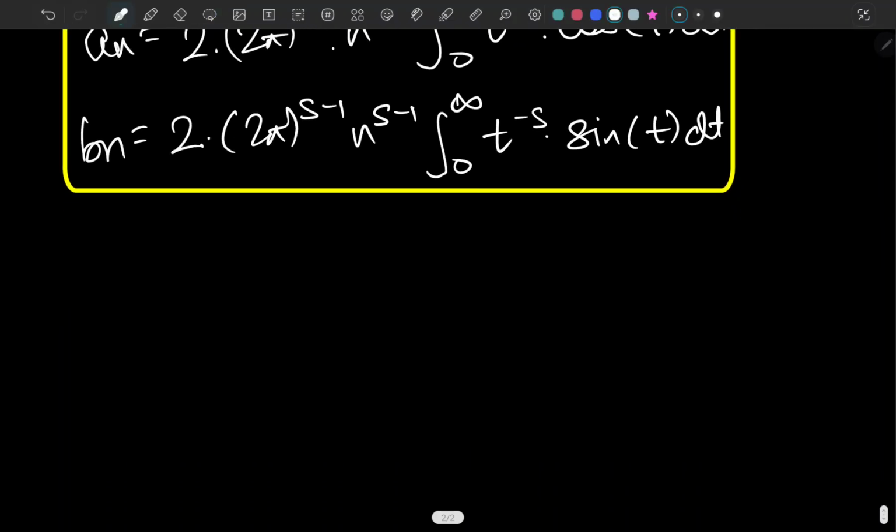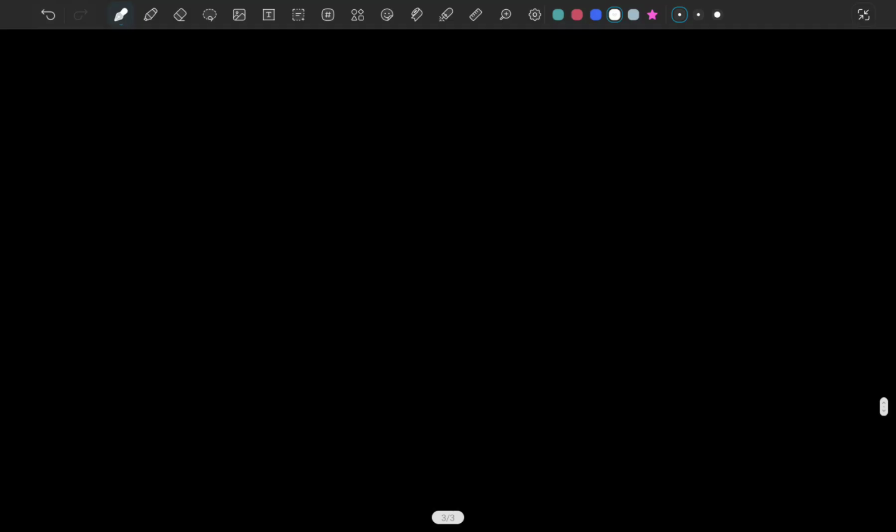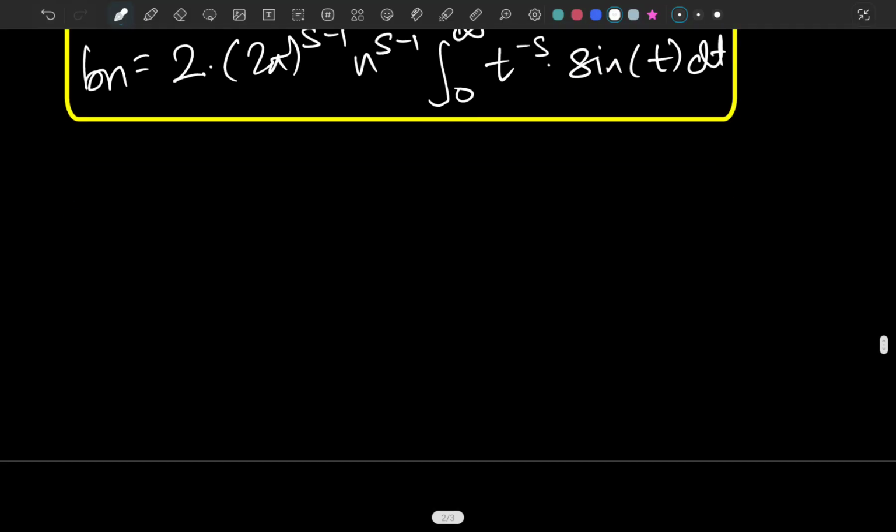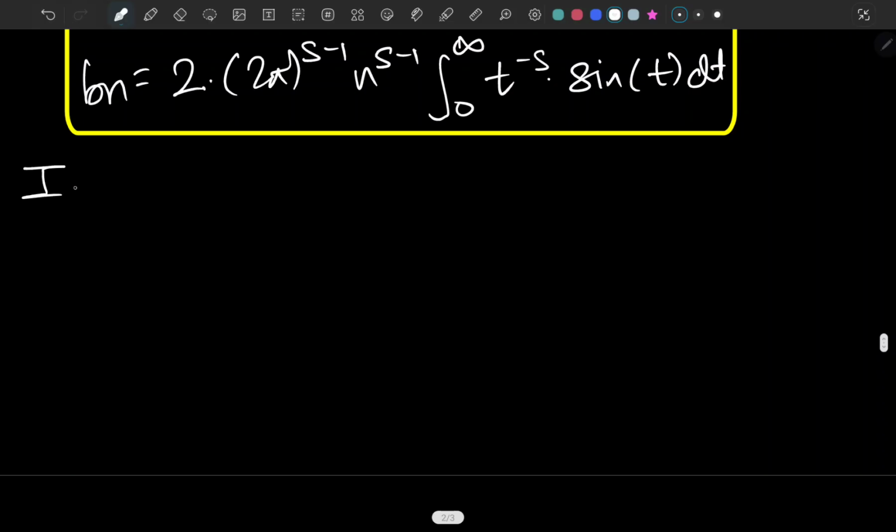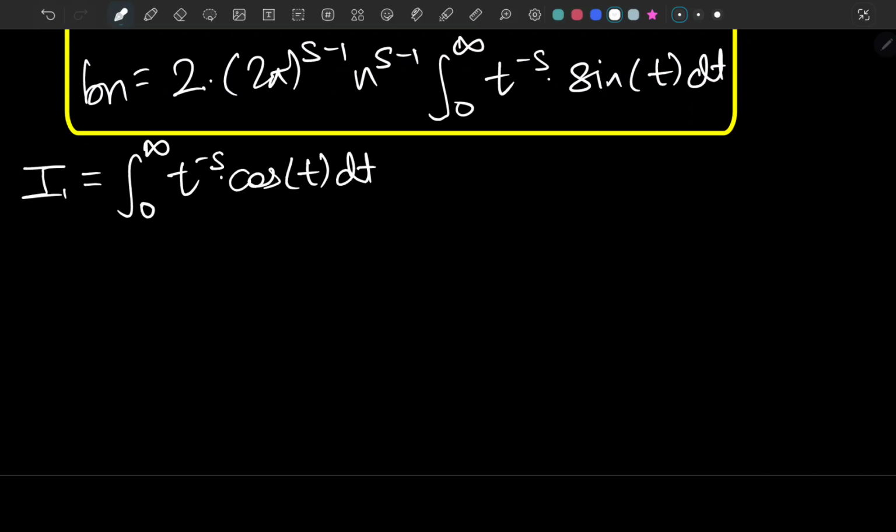So we have 2 integrals which we have to evaluate. Let's talk about the first integral, I sub 1, integral from 0 to infinity of t to the minus s cosine of t dt. And this can be written as the real part of integral from 0 to infinity of e to the I t, t to the minus s dt.